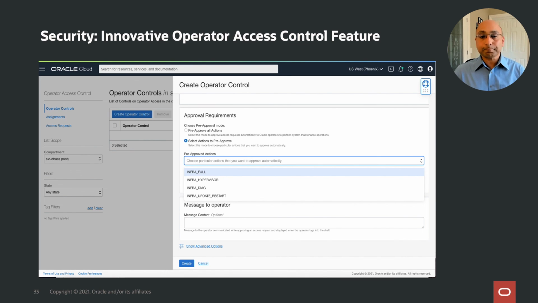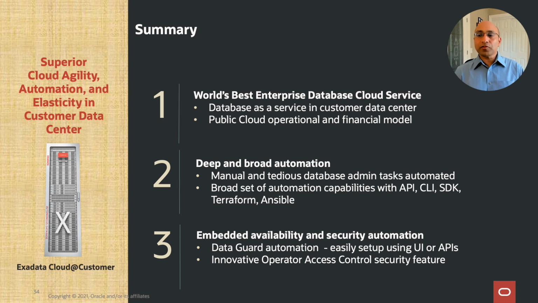So in summary, three points I would like to highlight. Number one is that our Exadata Cloud Customer provides the world's best database cloud service, providing superior cloud agility, automation, and elasticity in the customer's data center. The customers get the same public cloud benefits, the same operational model, and the same financial model.